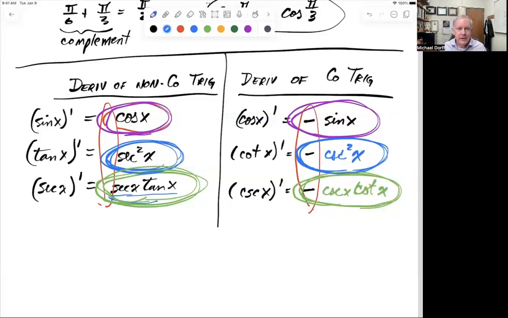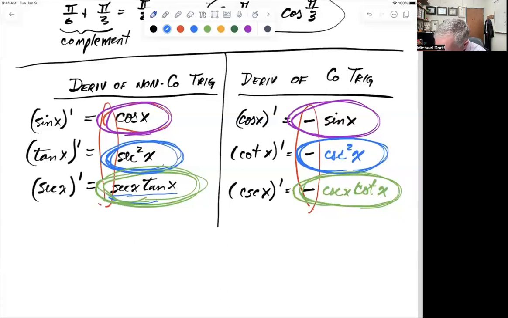But I think another good way to do this is to notice that when I have the derivative of tangent, it is secant times secant. So in that whole process I've got a tangent, and then I've got two secants. When I take the derivative of secant, I've got the secant, and the derivative of it is secant tangent. Again, I've got two secants and a tangent. It's just the order that is different.